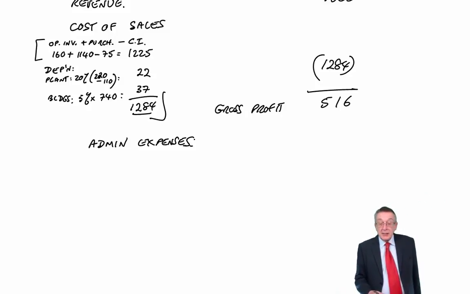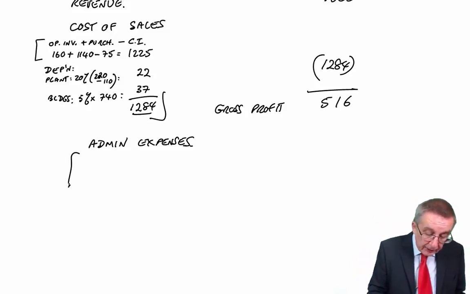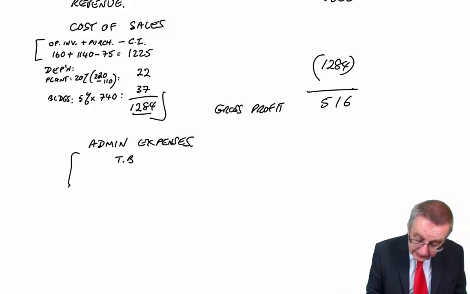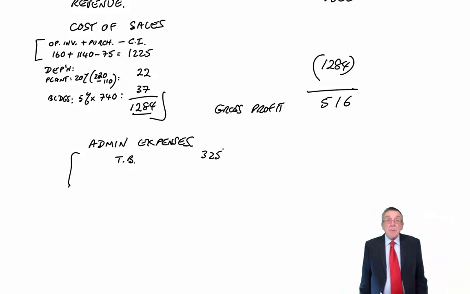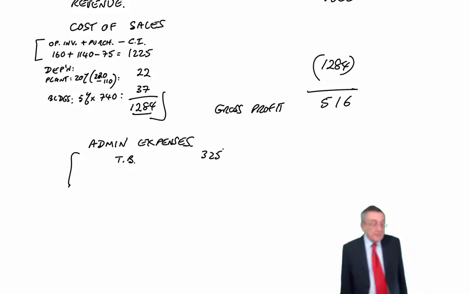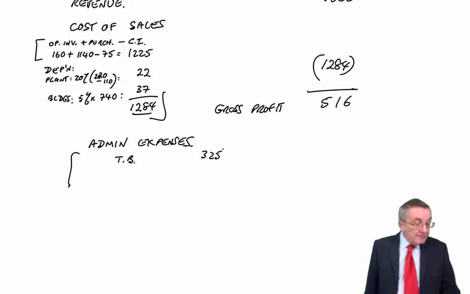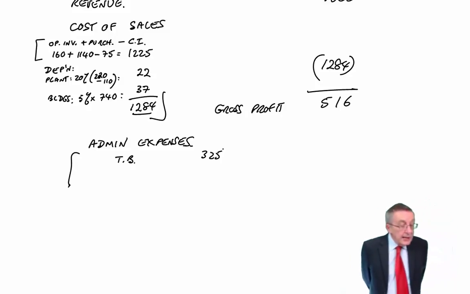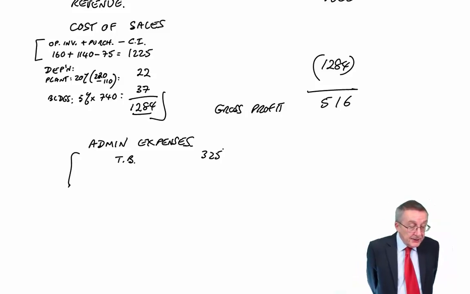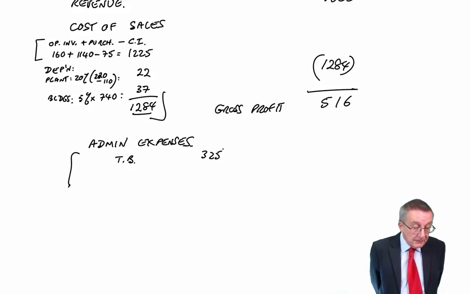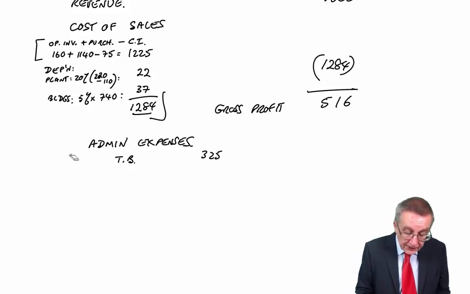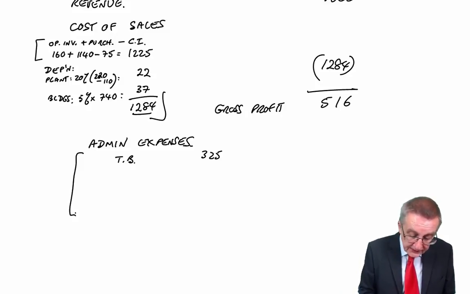But here again, I'm going to need some workings because from the trial balance, we've got 325. But there were a couple more mentioned in the notes when we read through it quickly. The first of those four additional items: the allowance for receivables is to be increased to 5% of receivables, and we treat it as an admin expense. Remember, the expense is the cost of increasing the allowance.